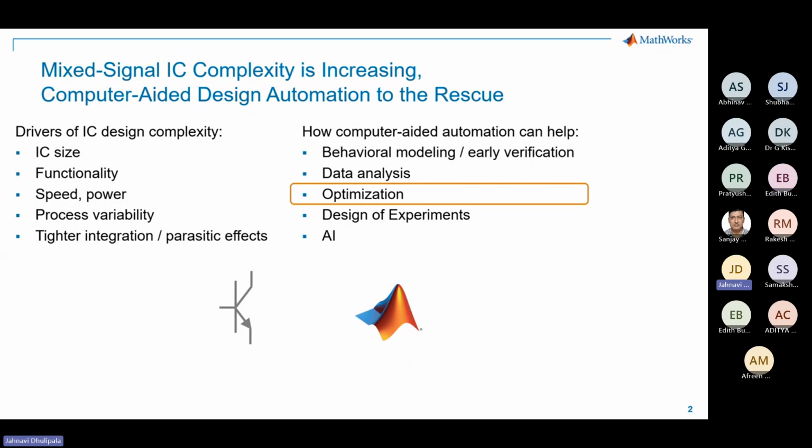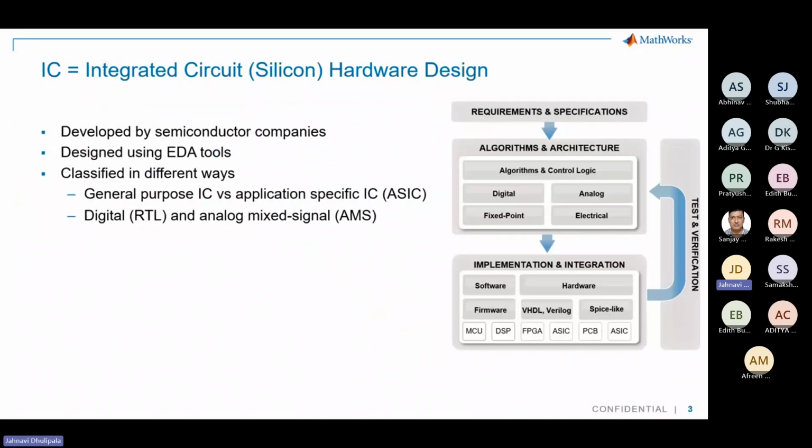MATLAB provides tools in these specific areas to support integrated circuit design. So today, we will be focusing on how we perform this optimization of mixed signal ICs and how that can be done incorporating AI in it.